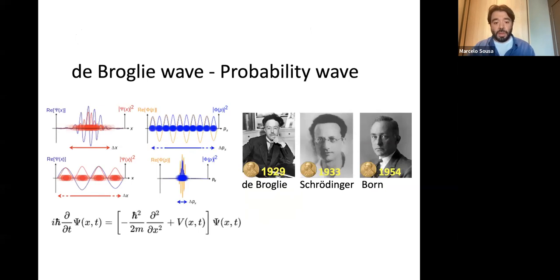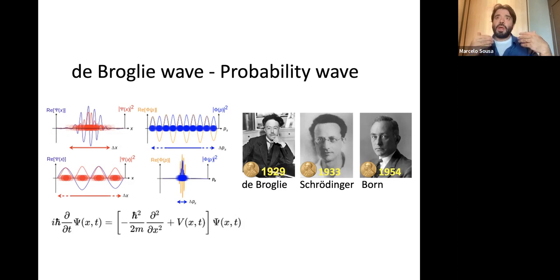And after that, Schrödinger proposed an equation that has a wave function as the entity that we physicists can work with, that psi, that is the distribution of probability.